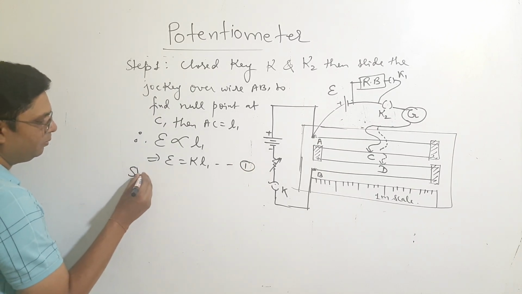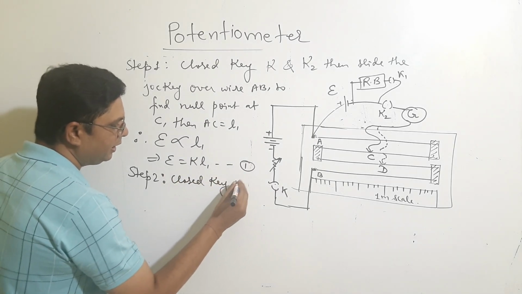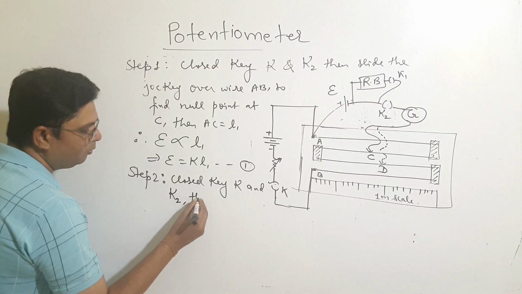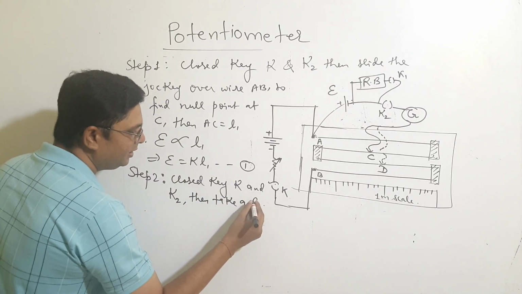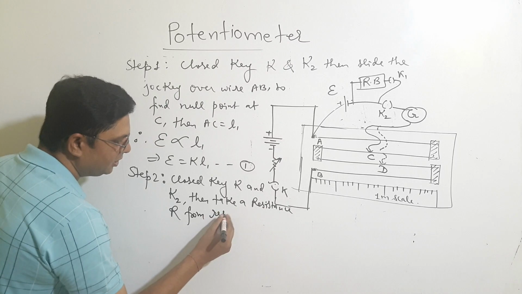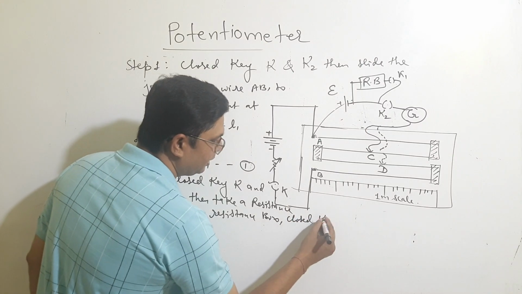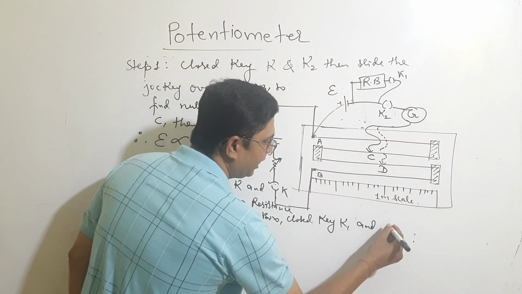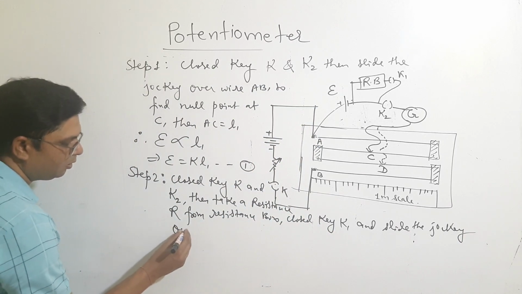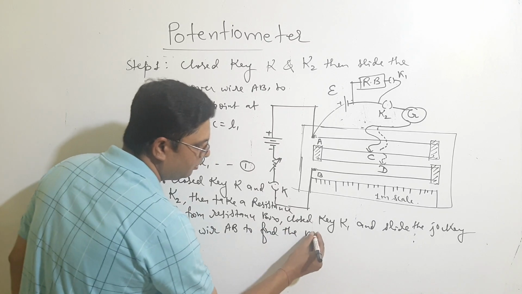Now step number 2. Close keys K and K2. Then take a resistance R from the resistance box, close key K1 and slide the jockey over wire AB to find the null point.